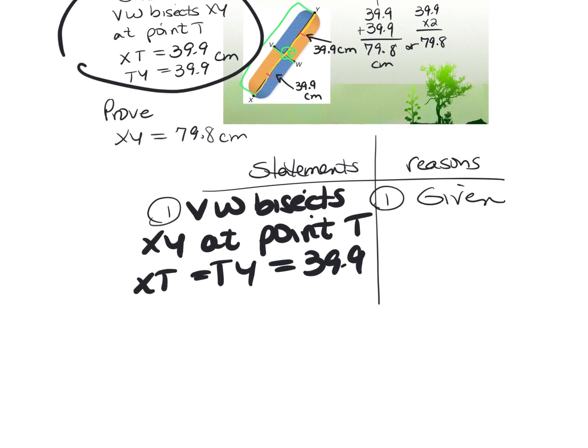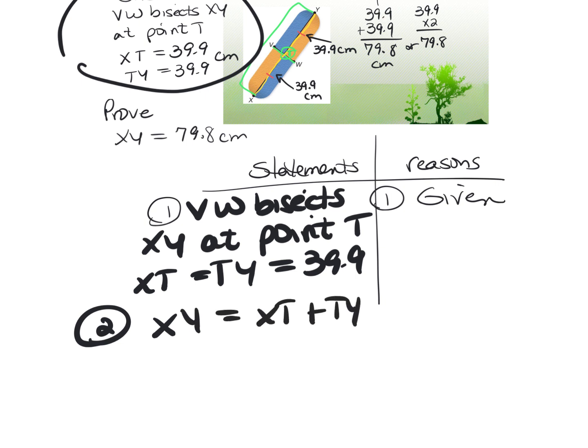So since I was told that VW bisects XY at point T, I could use my segment addition postulate that I learned last week and show that XY is composed of adding XT plus TY.